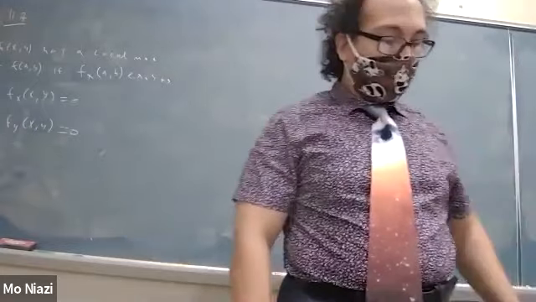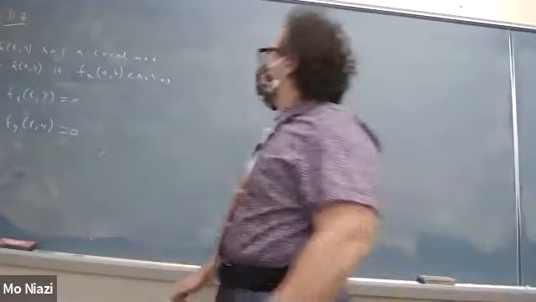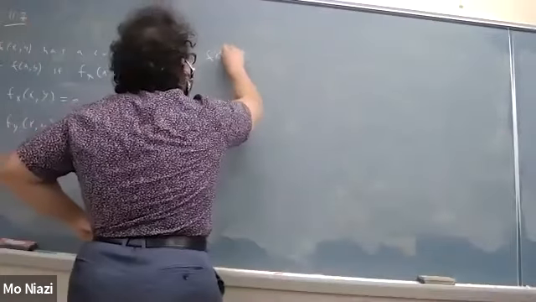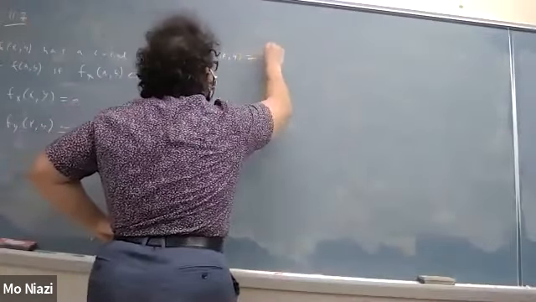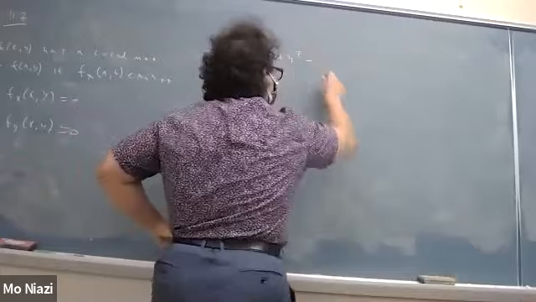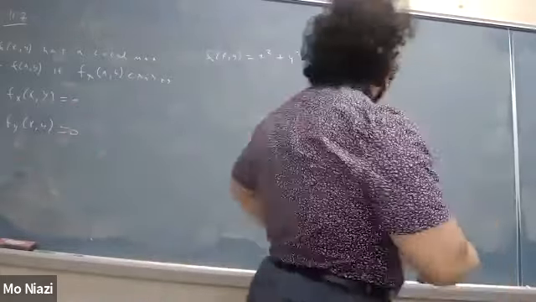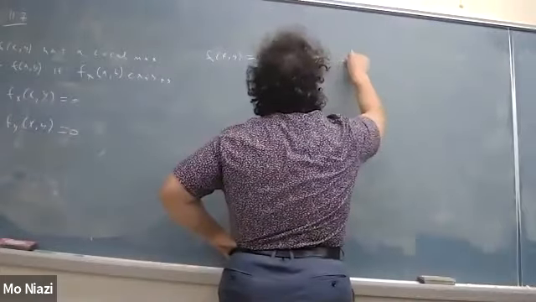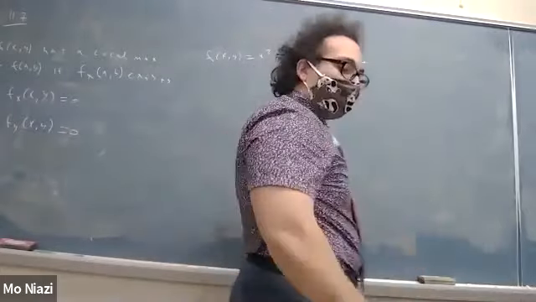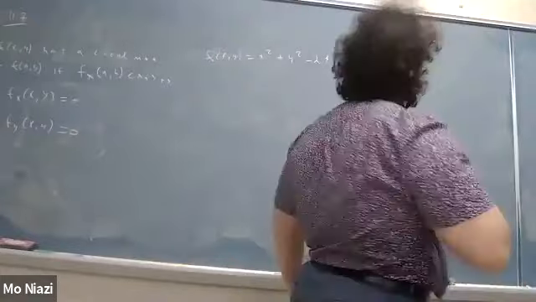Let's do f of x, y is equal to x squared plus y squared minus 2x minus 6y plus 14.